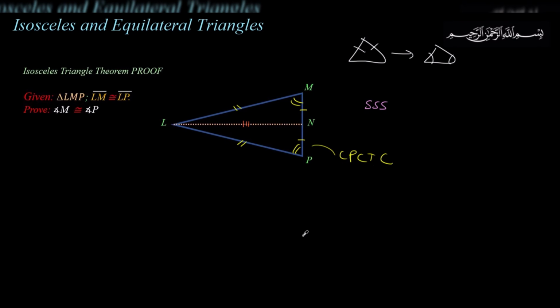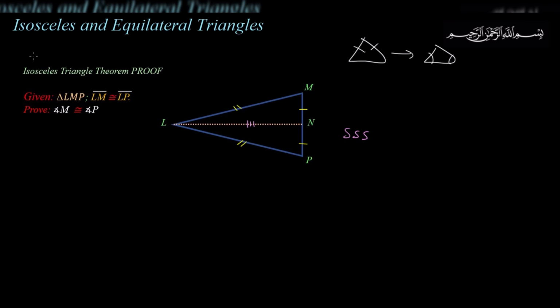So again, how did we prove the isosceles triangle theorem? Well, what we did was we drew a line from vertex L to point N, which is the midpoint of MP. So we know those two segments are congruent. And we know by the reflexive property that LN is congruent to itself. Then we have two triangles like this that are congruent because of the side-side-side congruence postulate.